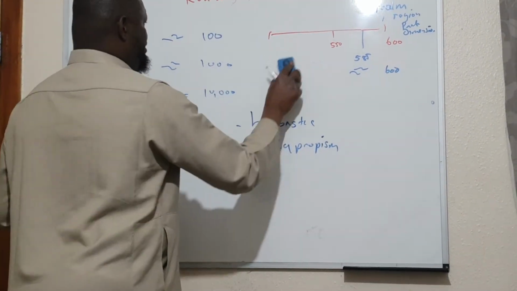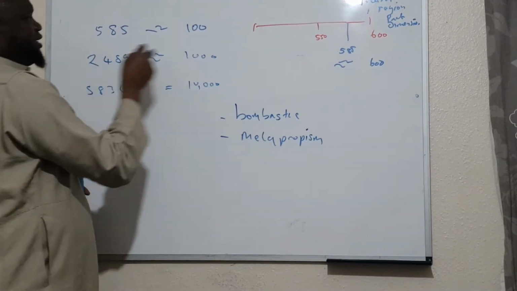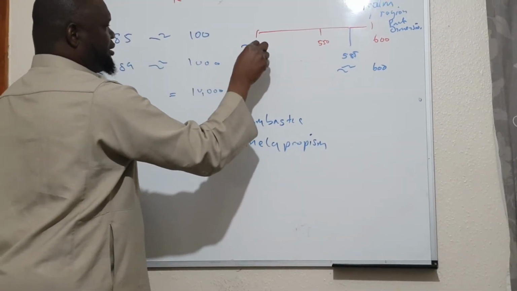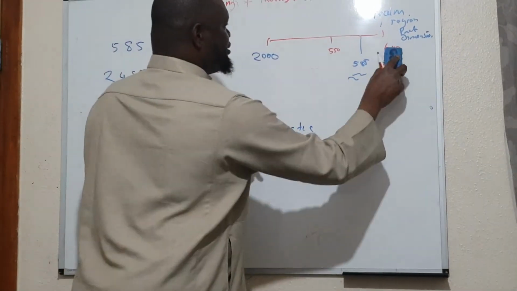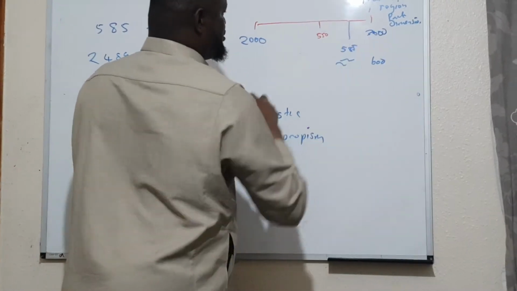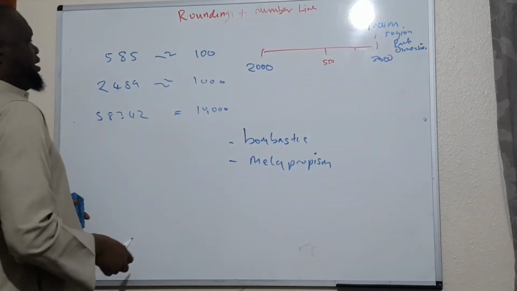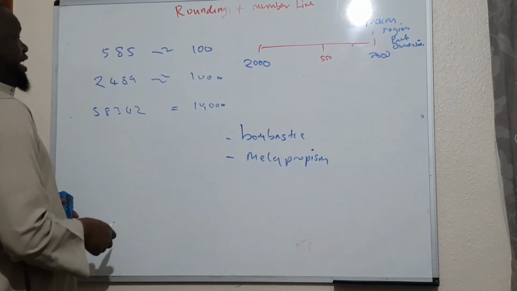Now we are looking in terms of 1,000, isn't it? So the first 1,000 will be 2,000. And the next 1,000 will be 3,000. Now, looking at our number, you can see it's less than our test.